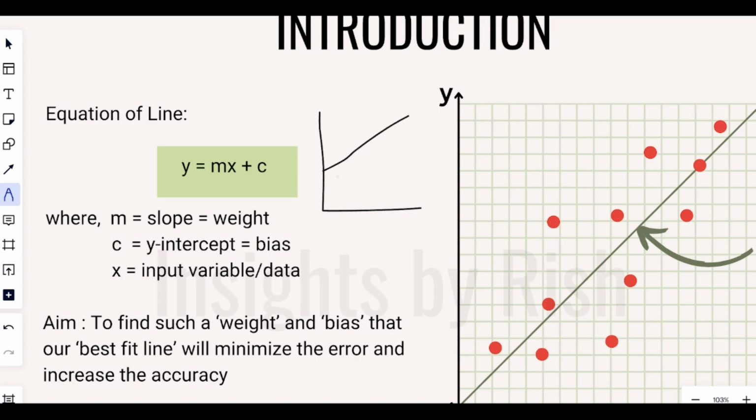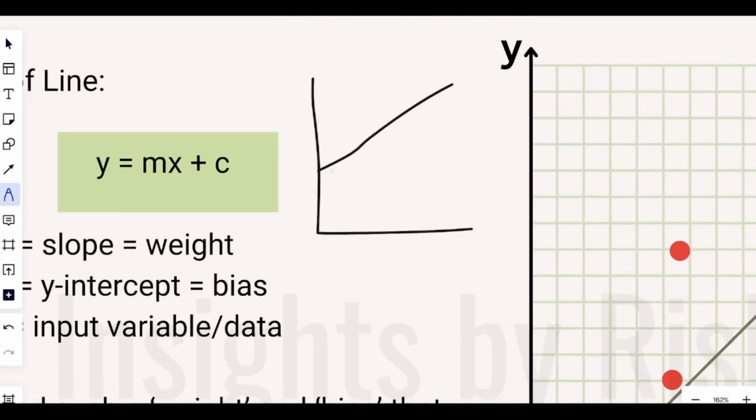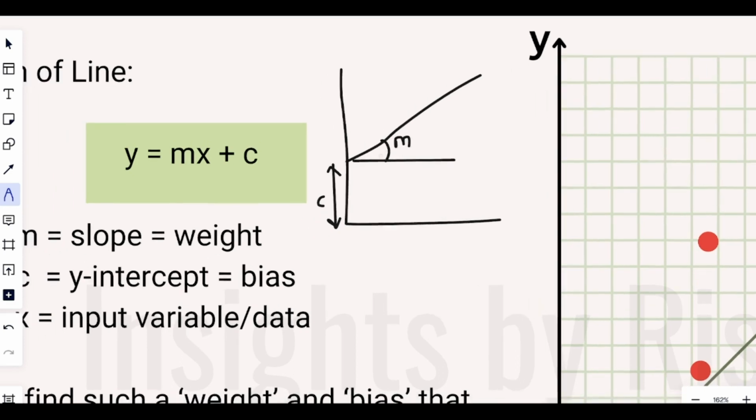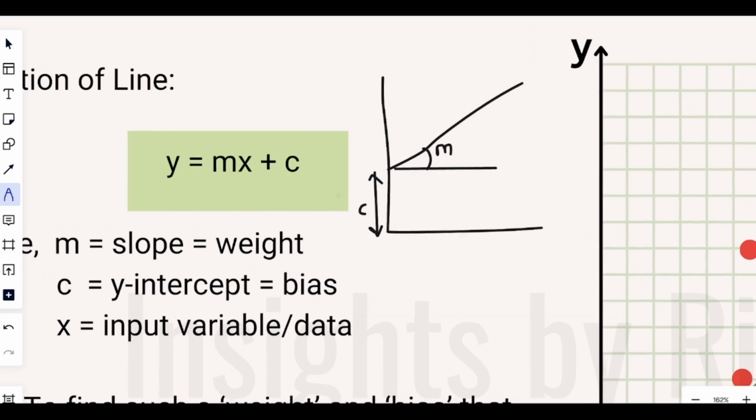The angle it is making is the slope m, while the distance from the origin up to that line is our y-intercept c. So m is the slope, that is the angle it is making, and c is the y-intercept. In machine learning, m is weight and c is bias, while x is your input variable.